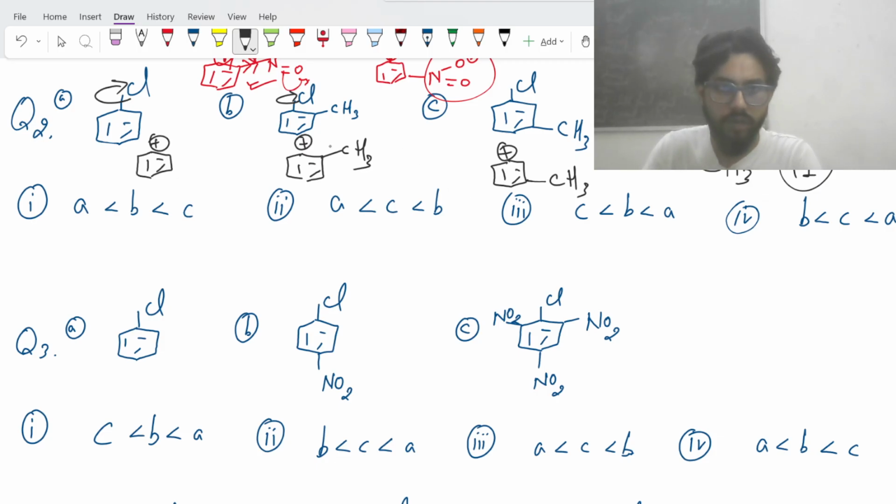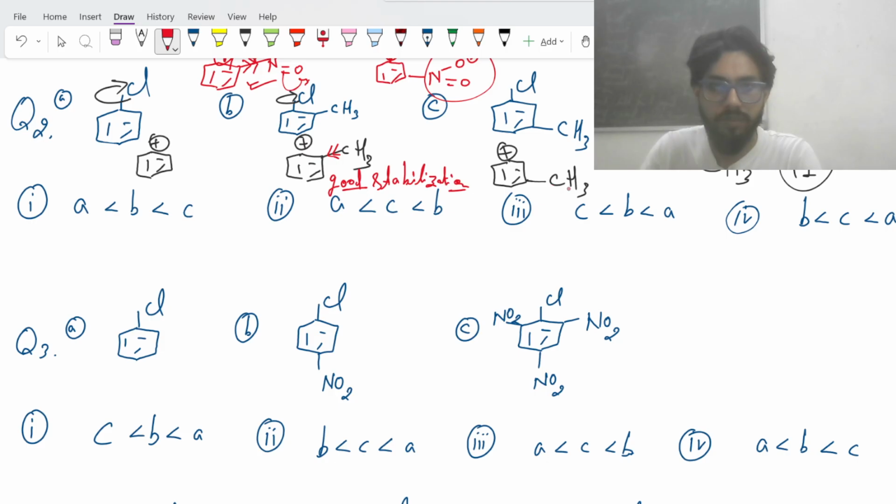So once it will donate the electrons, like let's see in the second case, if it will donate the electrons towards this bond, what will happen? It will stabilize this positive charge, okay. Here you can see the good stabilization will occur, right? Good stabilization. And if stabilization is good, it means SN1 is difficult, okay.